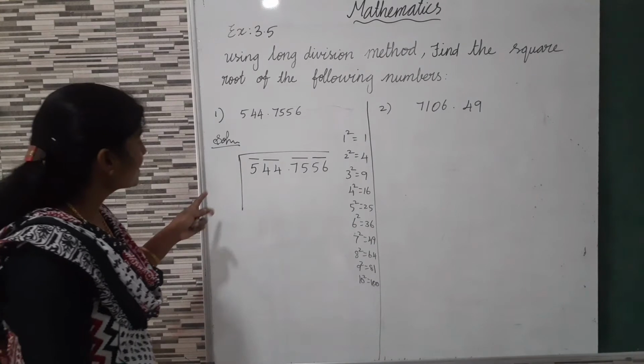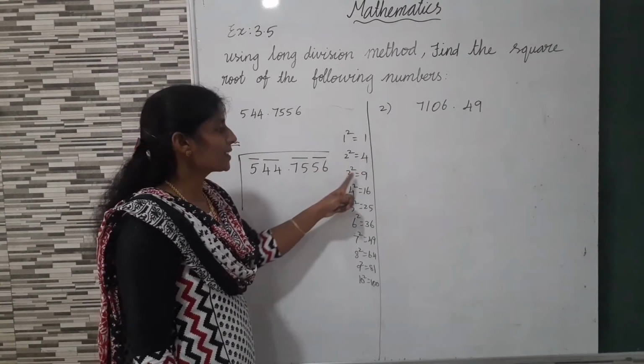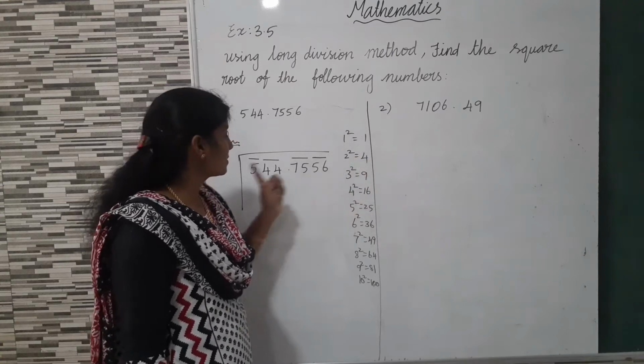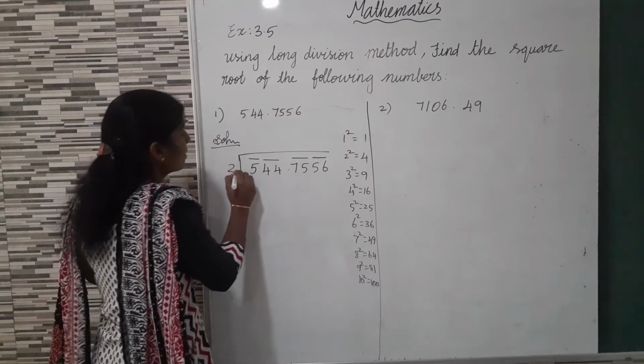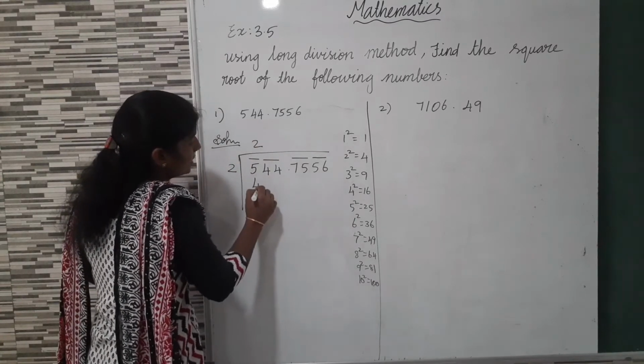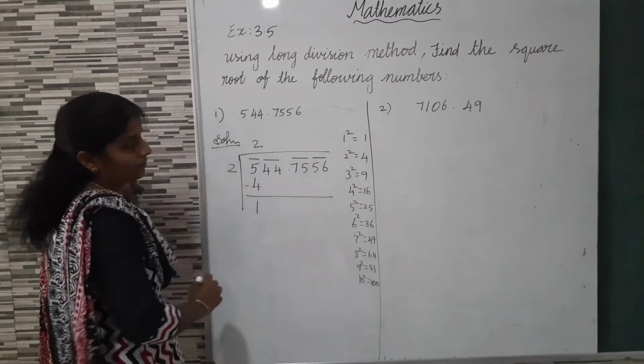Isn't it? Now listen here, 5. Here 1 into 1, 2 2s are 4, 3 3s are 9. Here 4 is possible, isn't it here? So we can take 2 times. 2 2s are 4. Now we can subtract 5 minus 4 is 1.